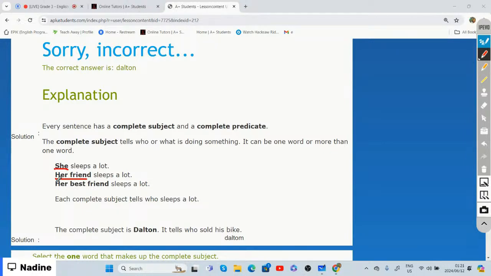And then we have her best friend sleeps a lot, which also tells us who is doing something. So the words in bold tell us who is doing something or what is doing something. And we said it can either be one word or more than one word that makes up a complete subject. Yes, her best friend is correct.